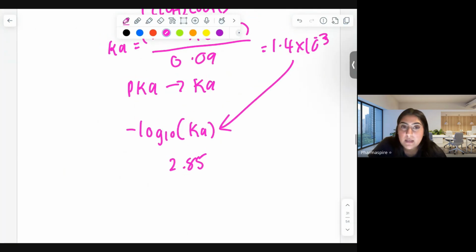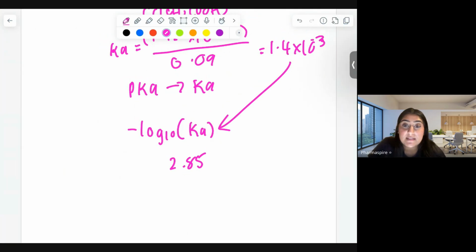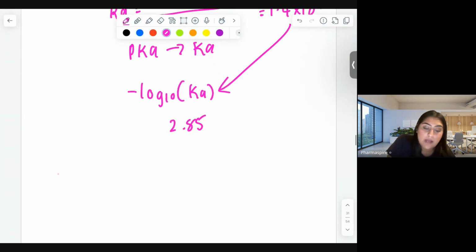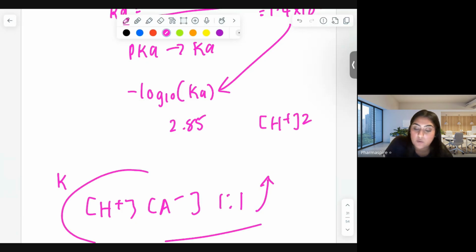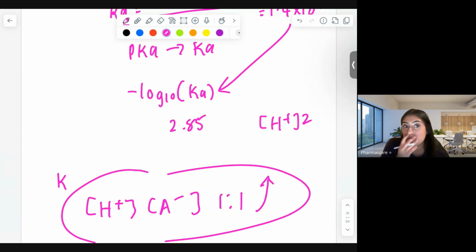One of the things you need to remember for your syllabus is the assumption that the ratio between your H+ and your A- is 1 to 1. That's why you have to assume, when you're doing the maths, that it is [H+] squared. So that's actually one of the questions they could ask you: what is one of the assumptions of the Ka formula?